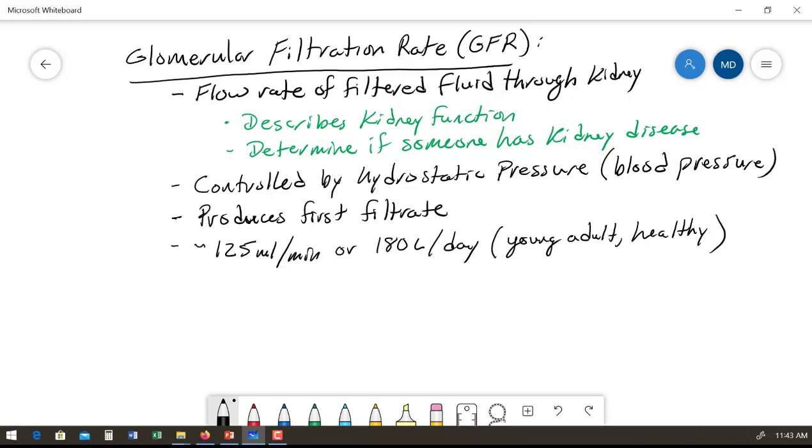Now, let's take a look real quick at numbers for someone who might have kidney disease. So abnormal numbers here. Someone with kidney disease might produce maybe below 60 mils per minute. And this would be an indication of kidney disease.